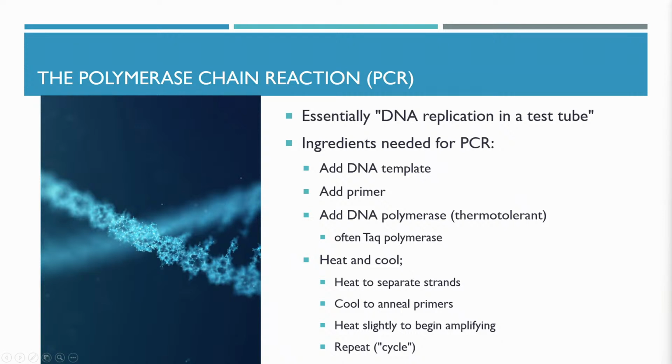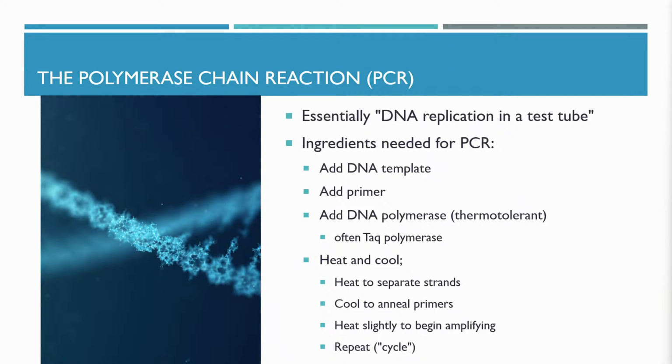So basically, PCR is having DNA replication in a test tube. Let me give you an example here. Say you have some organism and you want to know what it is.